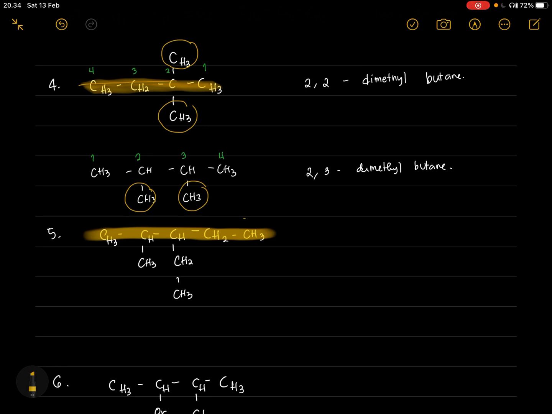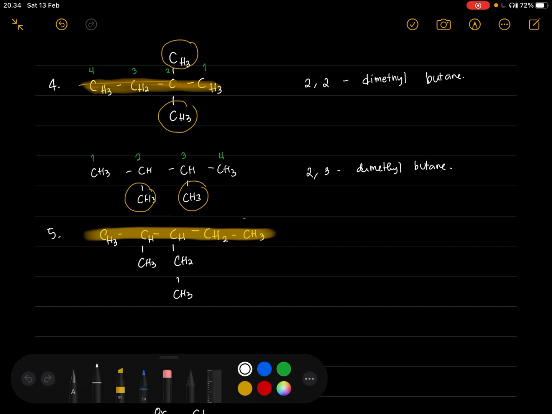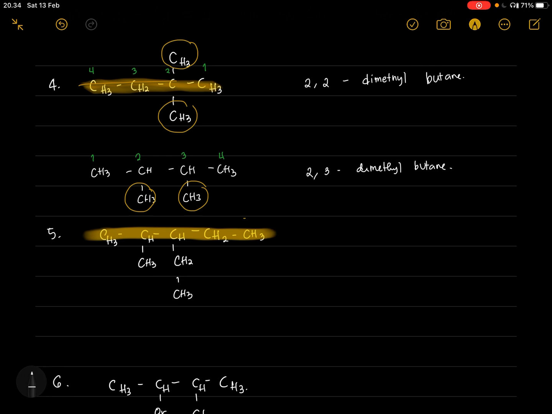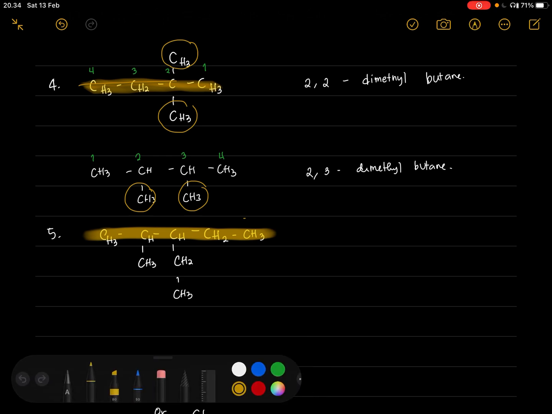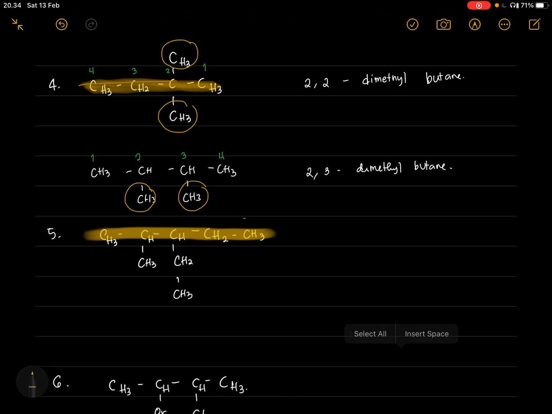Later I will give you the difference between those two. So here we have the longest chain, containing 5 Cs, and I encircle all of the branches. We have one methyl group and one ethyl group.